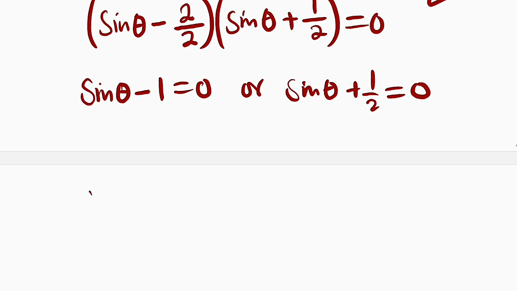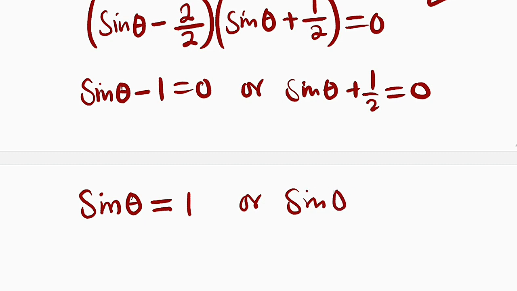So from the first one, sine theta, if negative 1 crosses over, it becomes positive 1. Or the other one, sine theta is equal to negative 1 divided by 2, as positive 1 over 2 crosses over. Now we have two equations and we are going to solve them separately. Let's start with sine theta equal to 1.